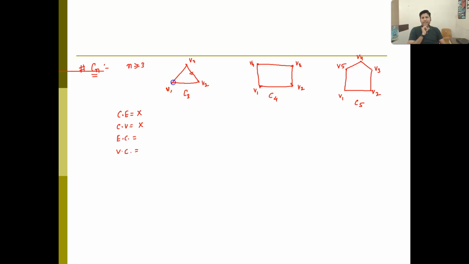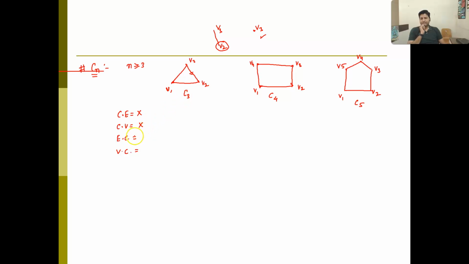If I remove the vertex V1, the leftover part, which looks like V2 and V3, is still connected. If I remove the vertex V2, only V3 is left. So one vertex removal is not making the graph disconnected. In this, I removed two vertices, so the cut vertex also does not exist.